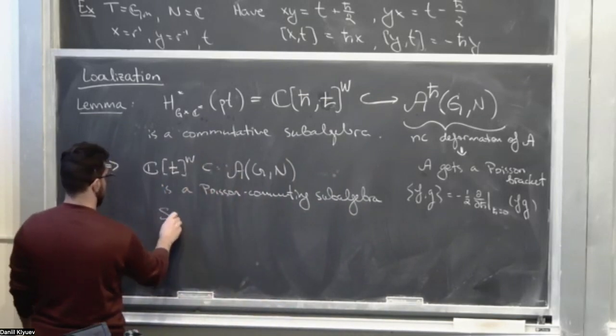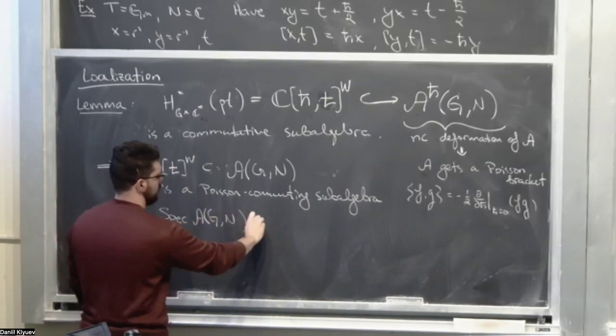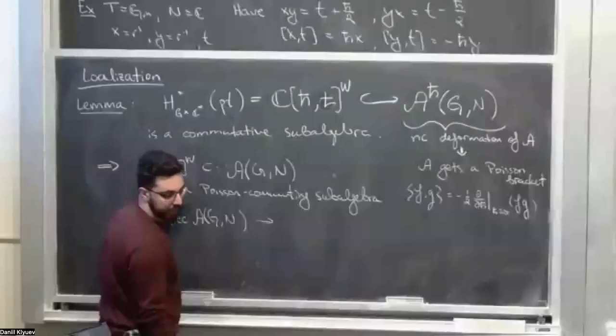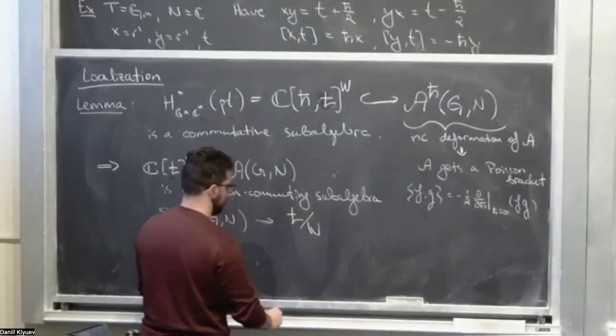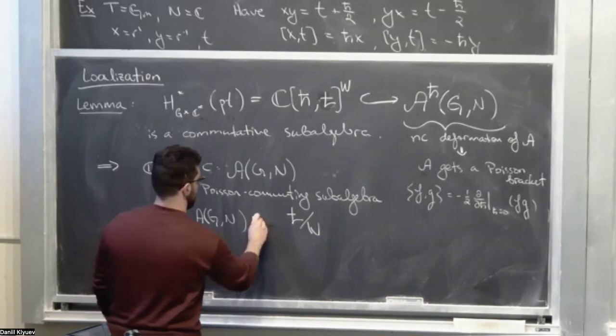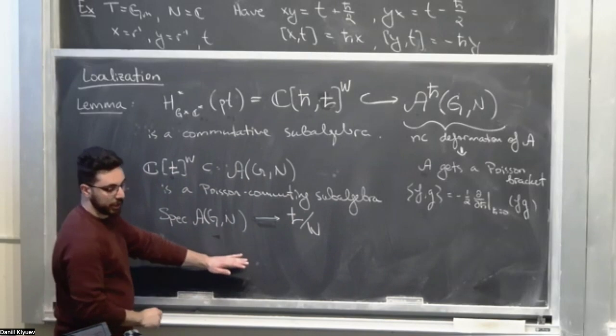Geometrically, Spec A_{G,N} maps to Spec of that, which is this quotient. And all the functions pulled back are Poisson commuting.